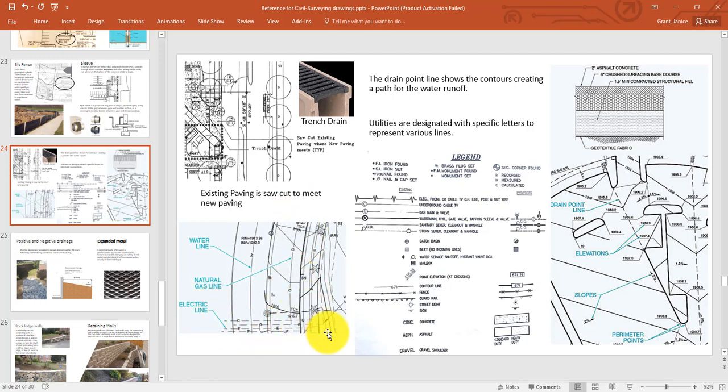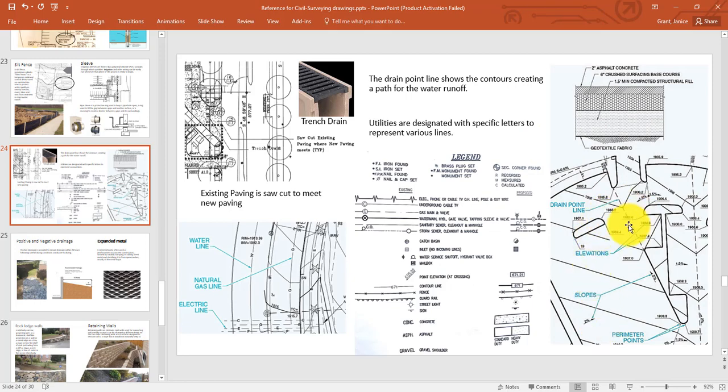You'll see those on the drawings, and there's usually a legend that tells you what each one of those little symbols means. So when you first look at site plans and grading plans, they look kind of overwhelming until you start to break down all of these terms that you're learning and understand what these little lines represent.